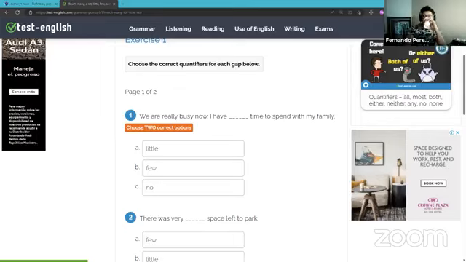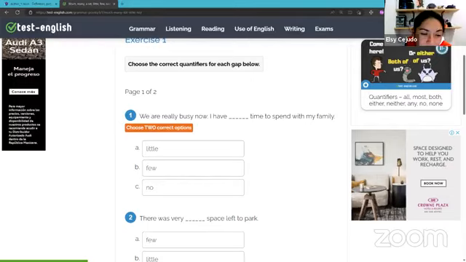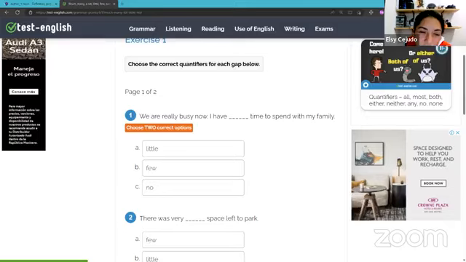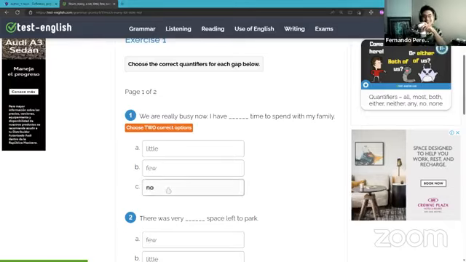We are really busy now. I have few time to spend with my family. The first one is correct, but few is incorrect, because few is countable and time is uncountable.